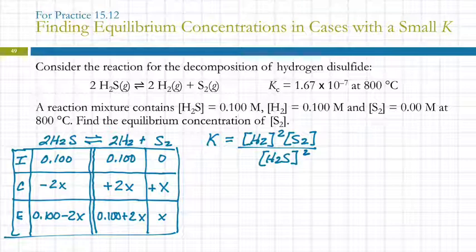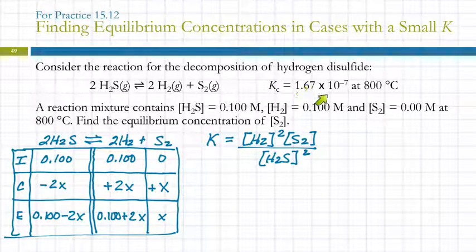So we can plug those things in and use the solver and find out what x is. Well, what if you don't have a calculator that will do that for you? Well, you can use the x's small approximation here.